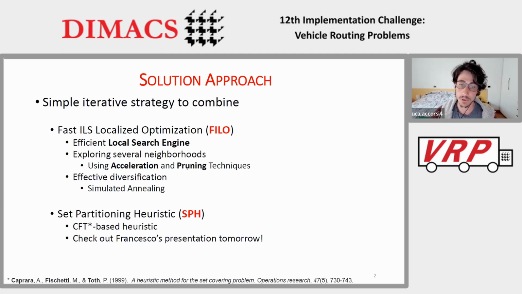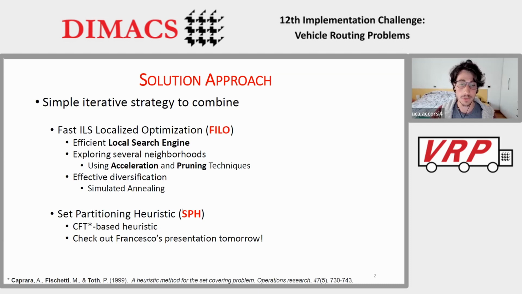And from the pruning point of view, we use granular neighborhoods to heuristically restrict the cardinality of our neighborhoods, and a technique that we call selective vertex caching, which is a simple way to perform a localized optimization of the solution instead of considering the whole solution. This local search engine is then combined with a quite straightforward diversification approach based on simulated annealing criteria.